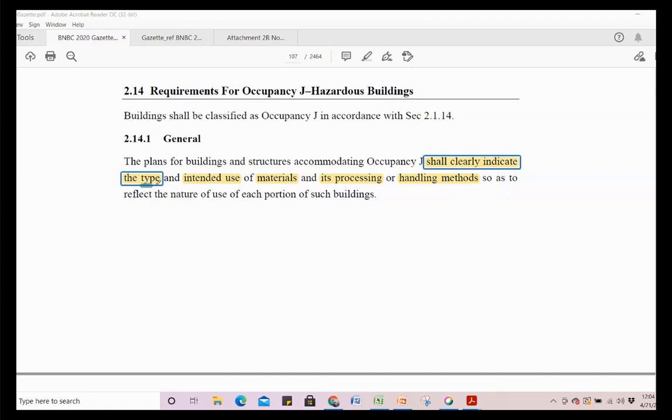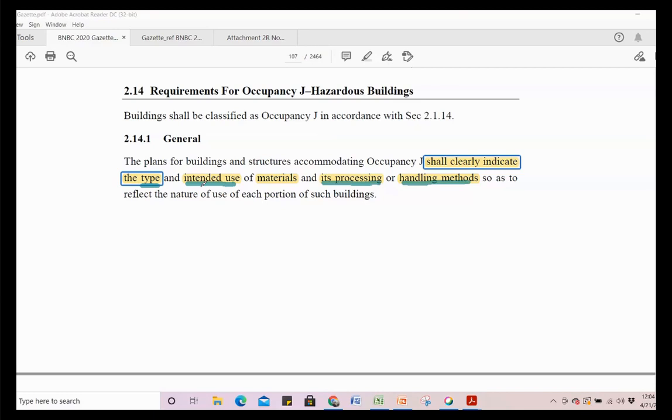Number 1 is the type. Number 2 is the intended use of materials. Number 3 is its processing, and number 4 is handling method. So for any hazardous building, these are very important.